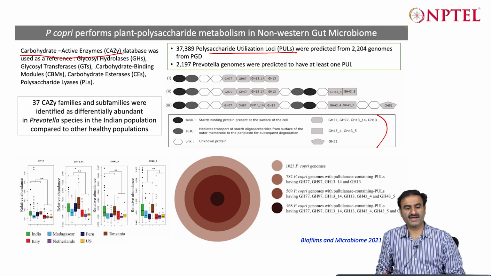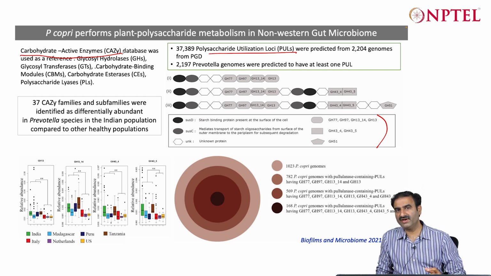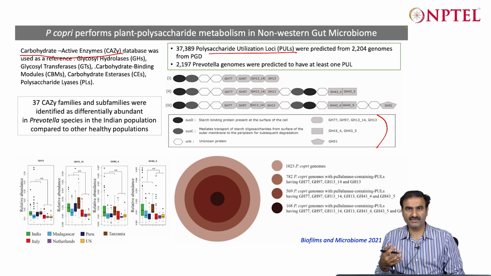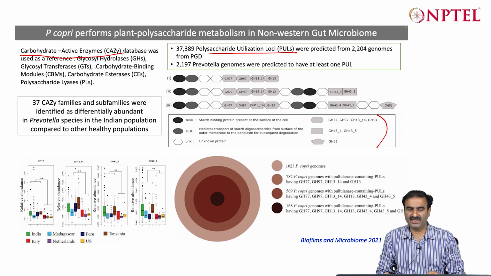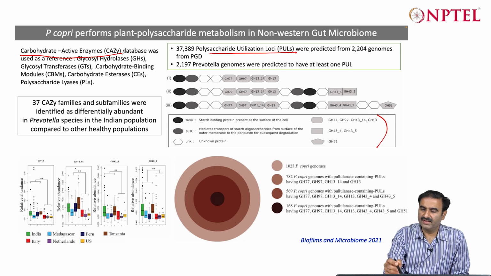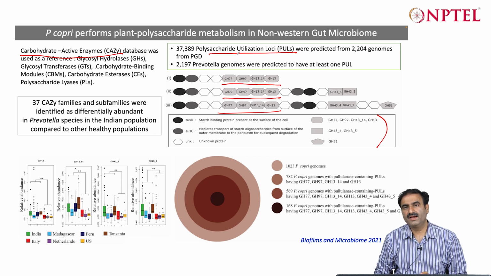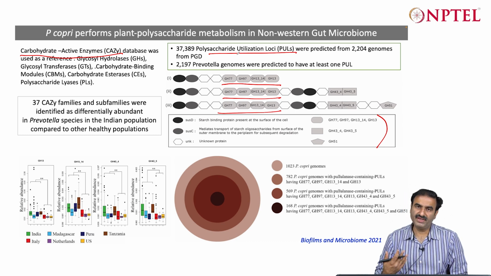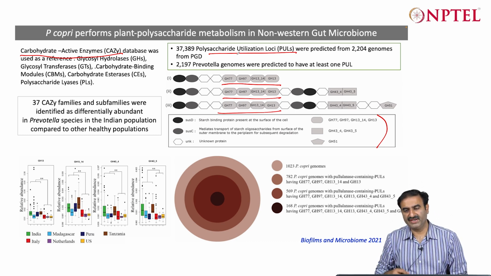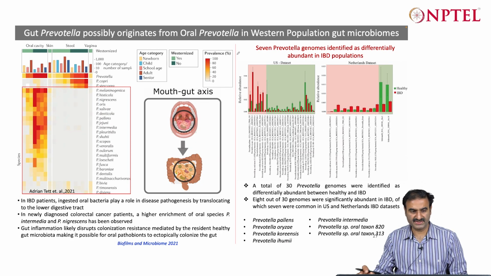A database such as CAZy, the carbohydrate-active enzymes database, can be a very good database to access the enzymes, because they have already categorized the various carbohydrate-metabolizing enzymes, and now we can map the data from any population on that database to understand which particular enzymes are more or less abundant in that population. And it found that polysaccharide utilization loci clusters are present in different Prevotella genomes, and they are actually contributing to the polysaccharide degradation in these non-Western populations.